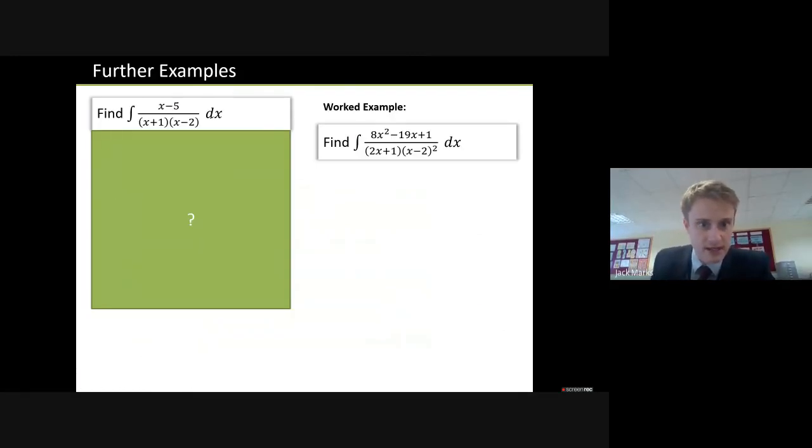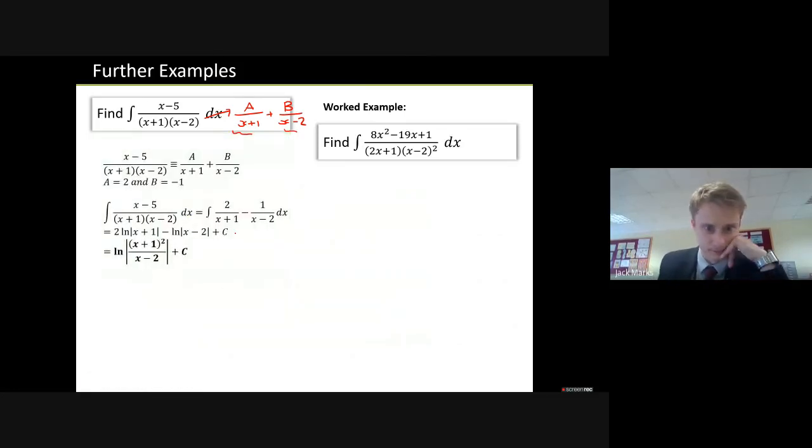Here's another one. Again, the idea with partial fractions is that we can write this as some number over x plus 1 plus some number over x minus 2. And the answer is going to feature a log of this and a log of that in this case. So this is what it turns into.